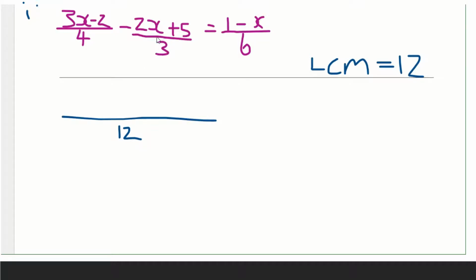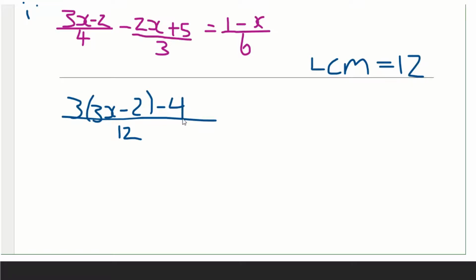So 3 times 3x minus 2. So we'll have 3 times 3x minus 2, minus 4 times 2x plus 5.